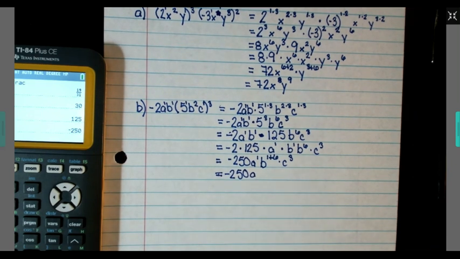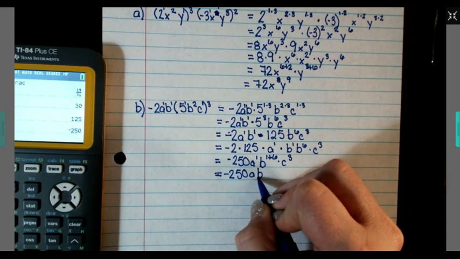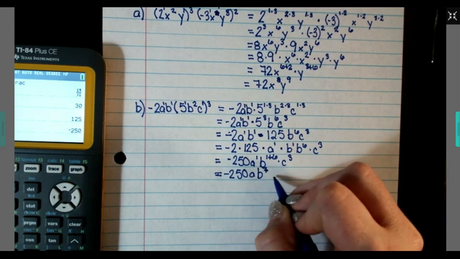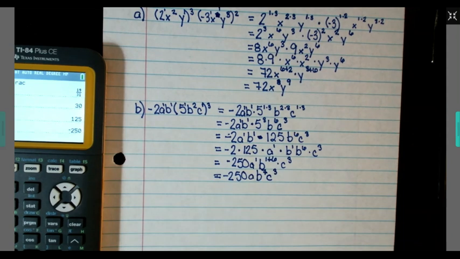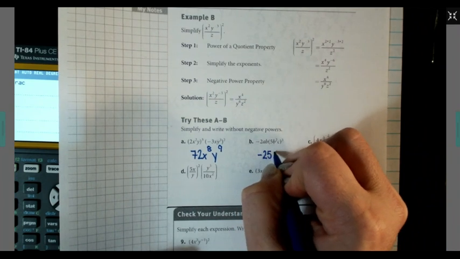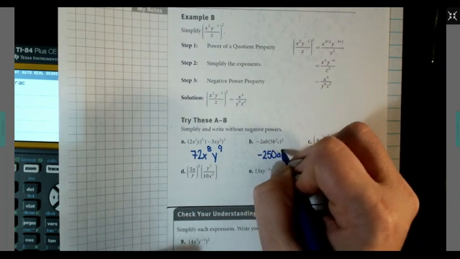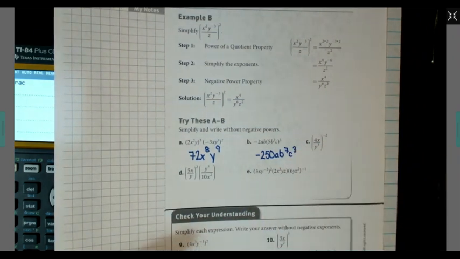They're not going to put that little exponent of 1. 1 plus 6 is 7, so b is going to be raised to the 7th power, and c is going to be raised to the 3rd. I'm going to go ahead and write this over on my other paper. Write that down. Negative 250, a, b to the 7, c to the 3.